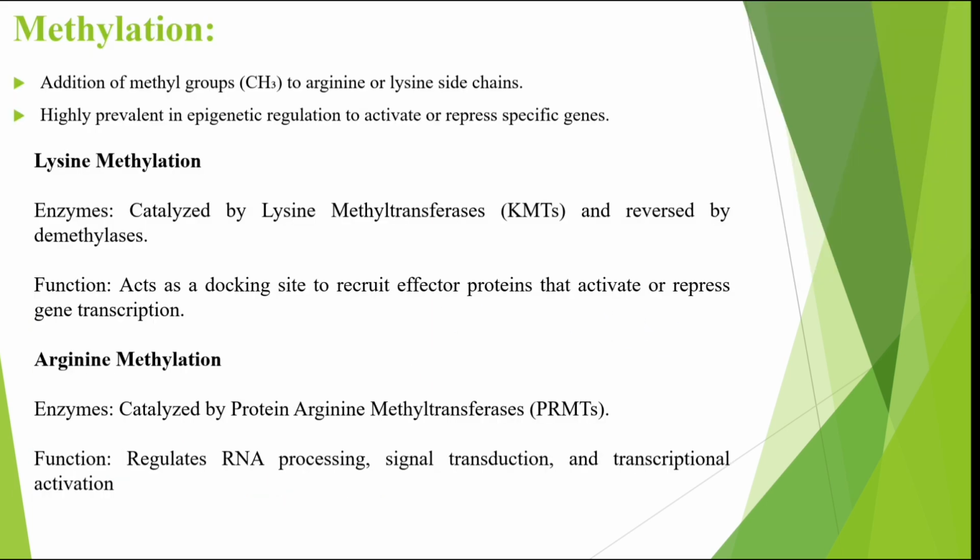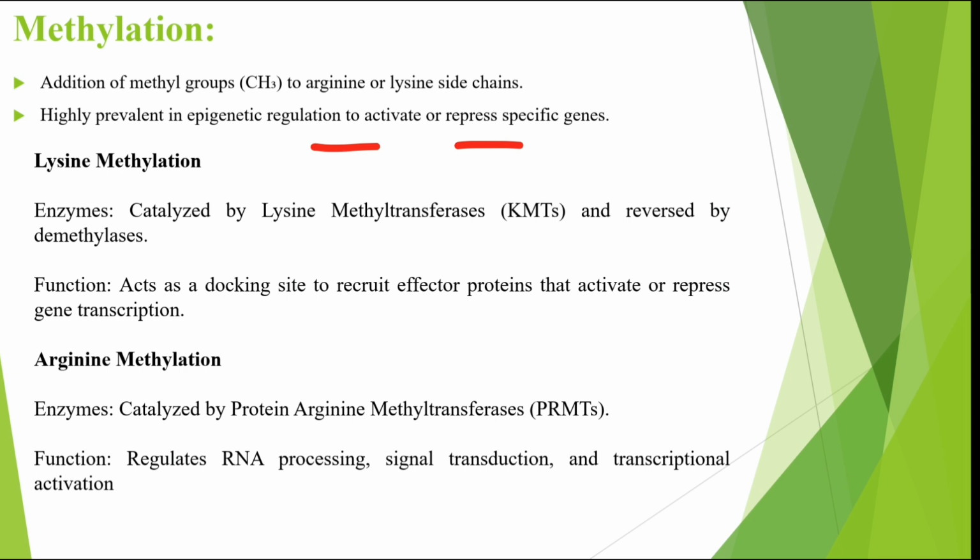Next one is methylation. It is the addition of a methyl group to arginine or lysine side chains, highly prevalent in epigenetic regulation to activate or repress a specific gene. Epigenetic regulation means the environment can change the activity of a gene without altering its genetic code. That is called epigenetic change or modification.